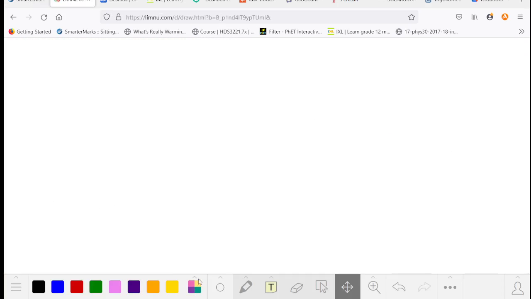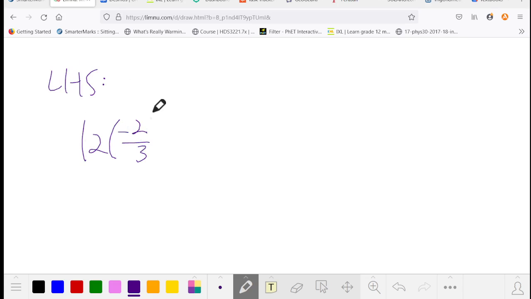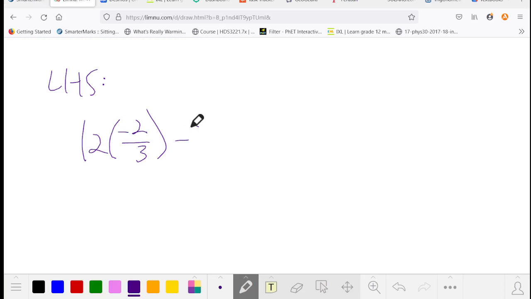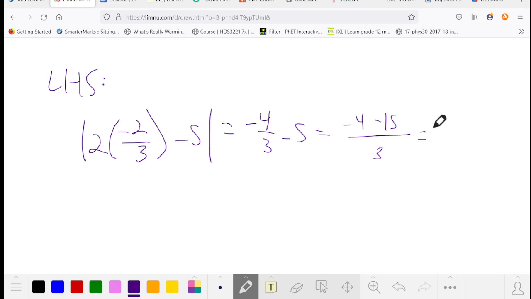our left-hand side, 2 times the negative 2 over 3, and then minus 5, is a negative 4 over 3 minus 5. We put it over the common denominator. Negative 4 minus 15 over 3. And that's a negative 19 over 3.